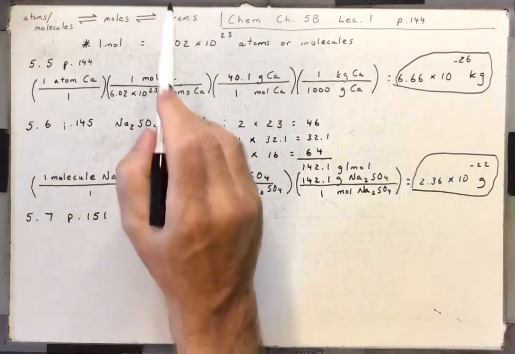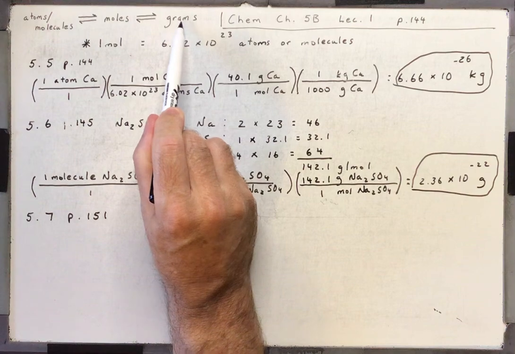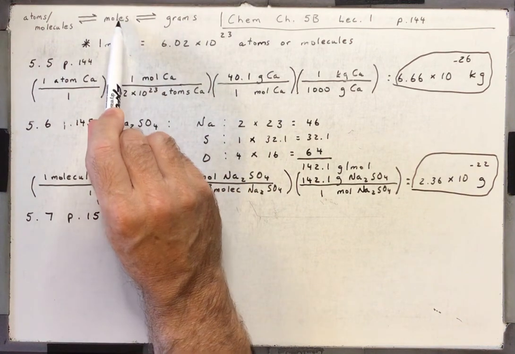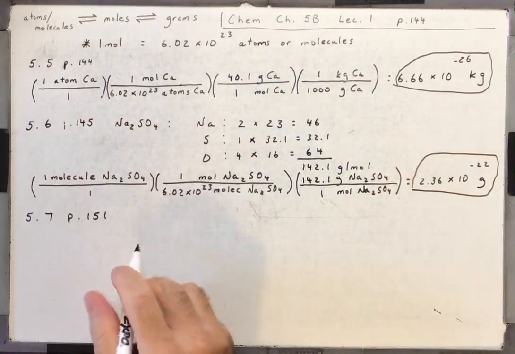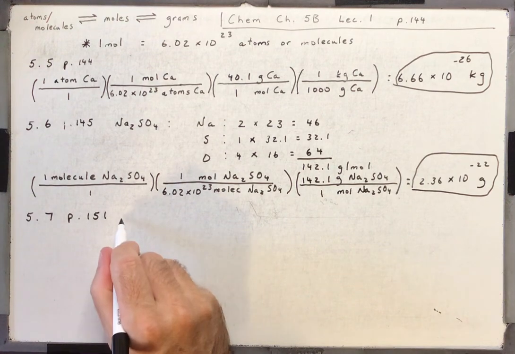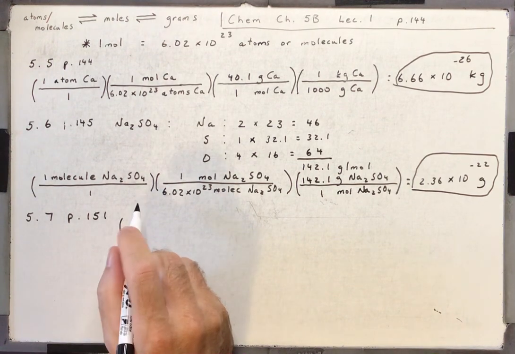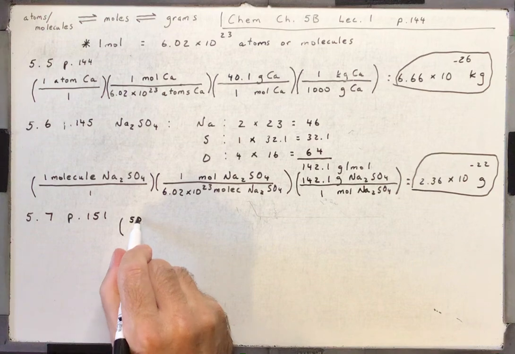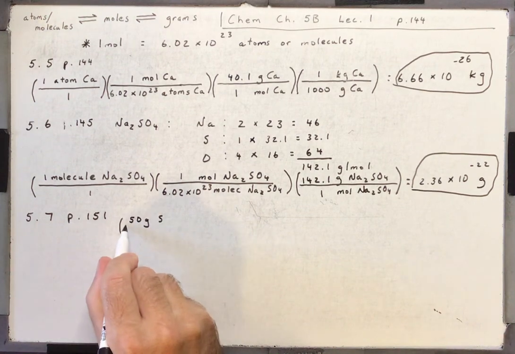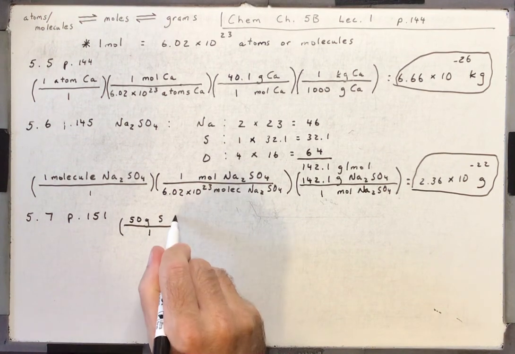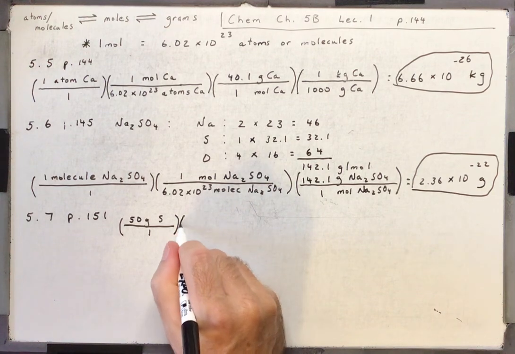Okay, so this time we're starting here with grams, and we're just going over to moles. So we just have 2 sets of parentheses. So we've got 50 grams of sulfur. So start with what the problem gives you. 50 grams of sulfur, put it over 1.